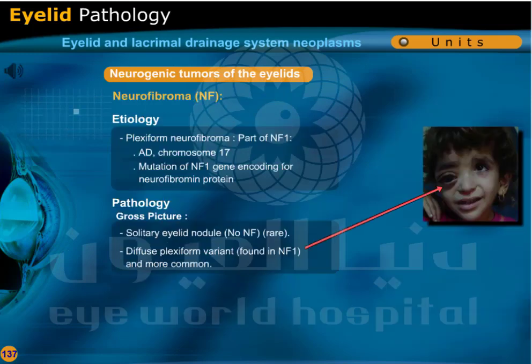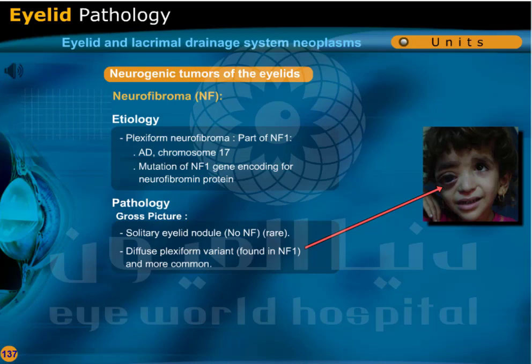Neurogenic tumors of the eyelids. Neurofibroma. Plexiform neurofibroma is part of NF1, which is an autosomal dominant disorder, and the affected chromosome is chromosome 17. Mutation of NF1 gene encoding for neurofibromin protein.